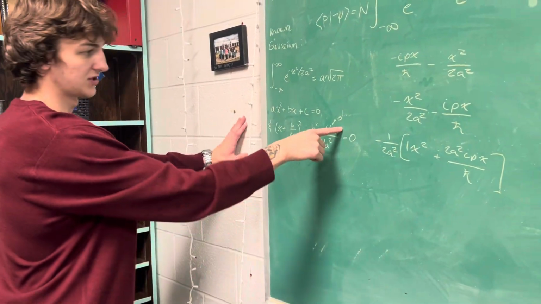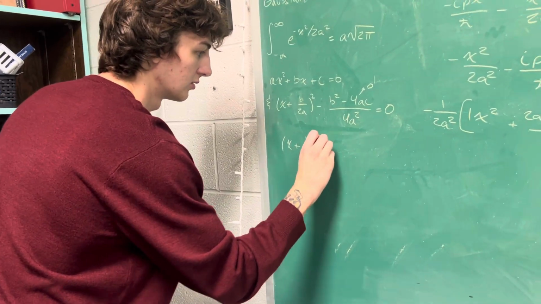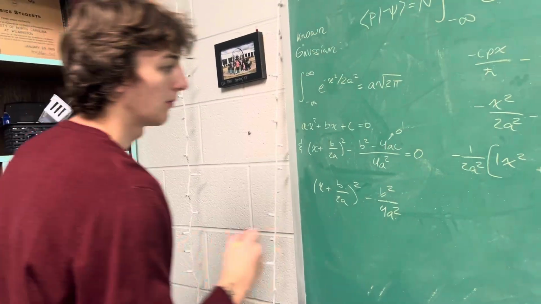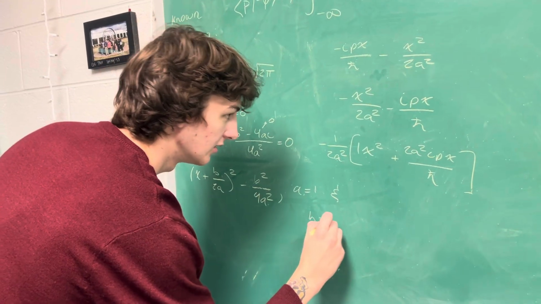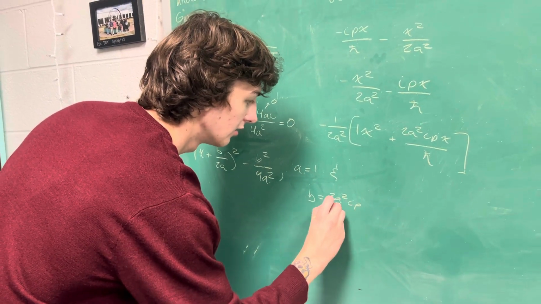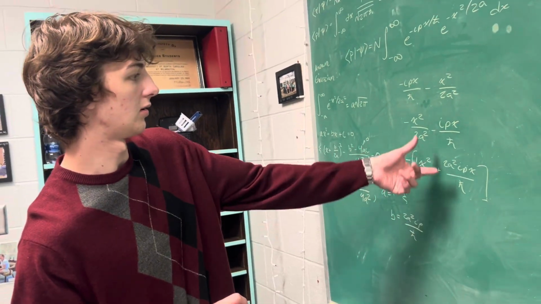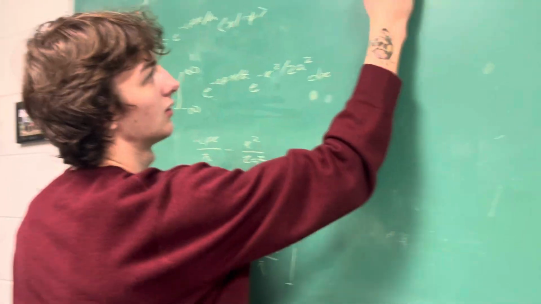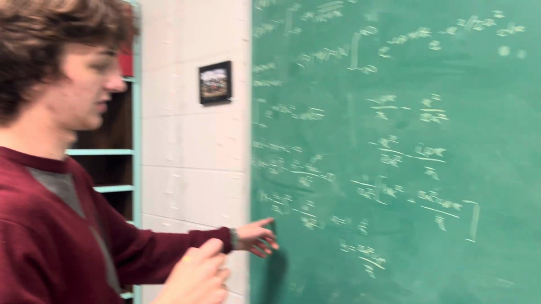Since we know c is 0, this form reduces to x plus b over 2a, squared, minus b squared over 4a. Remember, we said that a is equal to 1 and b is equal to 2a squared i p over h bar. Now we're going to rewrite our exponent in this general form. It's going to be x plus b, which is this whole thing here, divided by 2a, and since a is 1, it's just over 2.